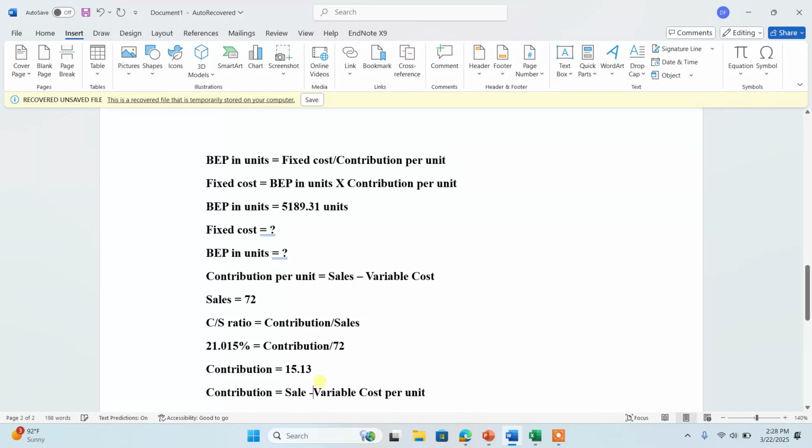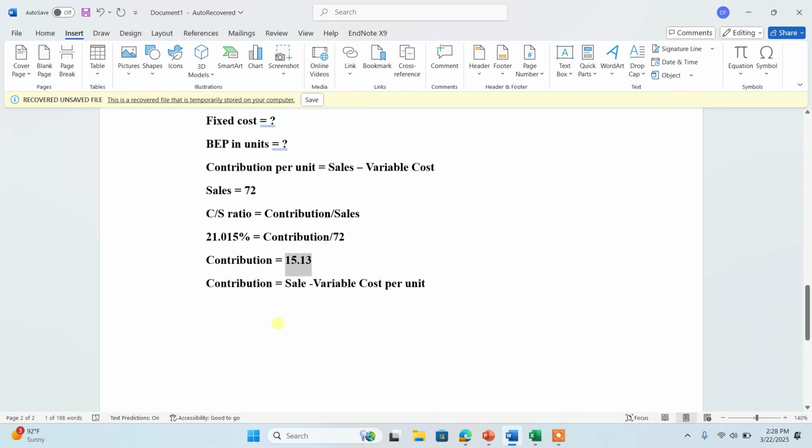Now my dear, I can find out the variable cost because now I have the contribution, which is 15 point. I have the sale price, which is 72, and I don't have the value of the variable cost.